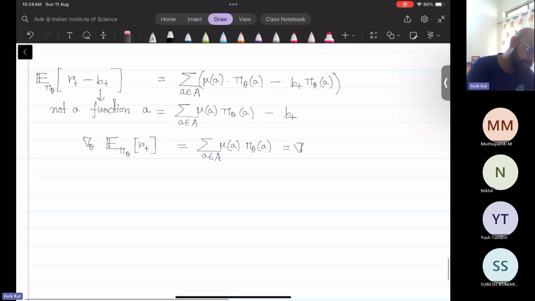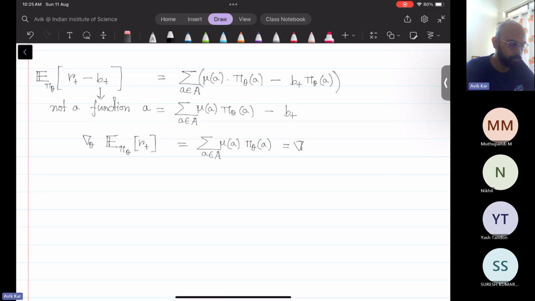When we are taking the gradient, this mu A is not a function of theta, right? So there we have shifted the gradient from outside the summation to inside the summation. Okay, is it clear?